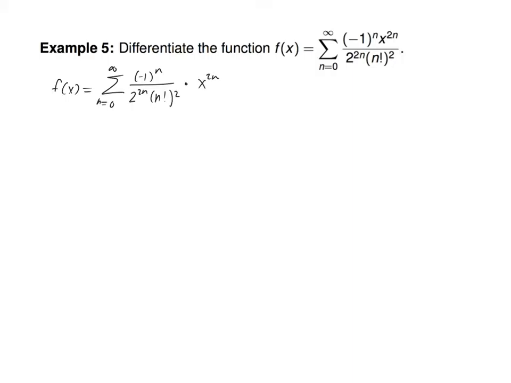Is that okay? So you didn't change anything? I didn't change anything, I just pulled the n's out because they're the constants. They're like the c sub n things, which didn't change in our derivatives in the past, right? So then f prime of x is the derivative of this guy.